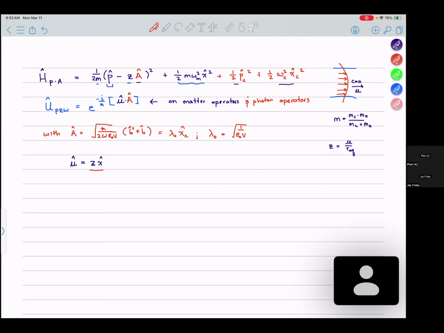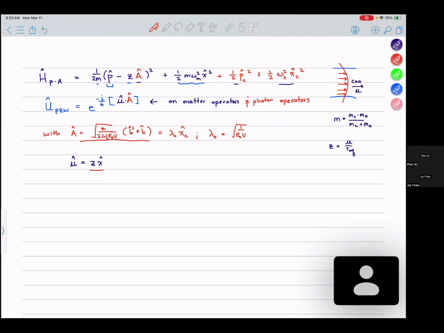And A hat, just a reminder, the vector potential operator, we'll write in this way: square root of h bar over 2 times omega, that's the cavity frequency, times the permittivity in the cavity, epsilon naught. So I'm assuming it's, besides carbon monoxide, just a vacuum in the cavity. And then the cavity volume V, that whole thing multiplied by b dagger plus b.